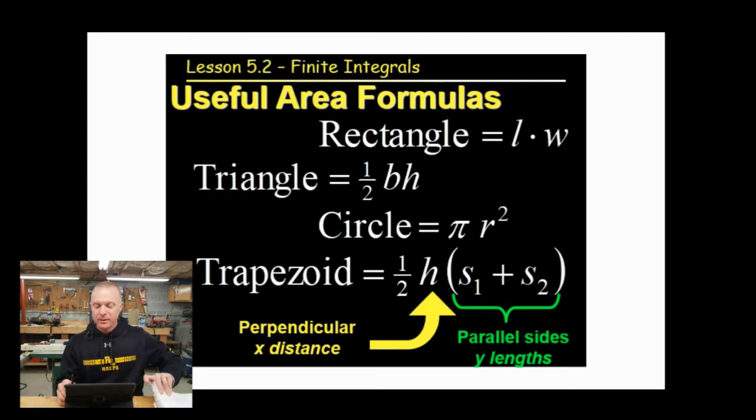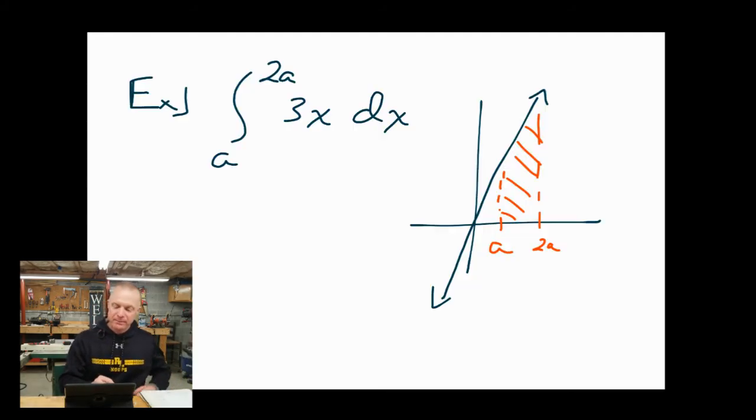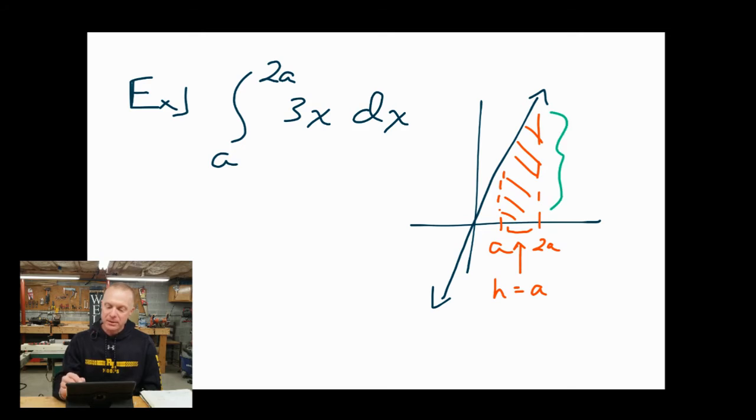So, are you ready to plug in to the trapezoid formula? I guess we need to find these dimensions first, don't we? You would find this x distance. This is the same as the height, but it's just the distance between a and 2a, so we can call that a. And then we're going to need to get these parallel sides.